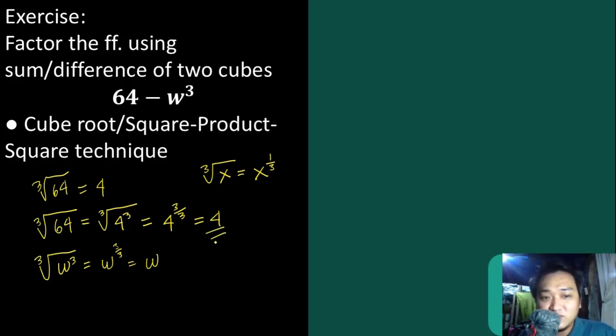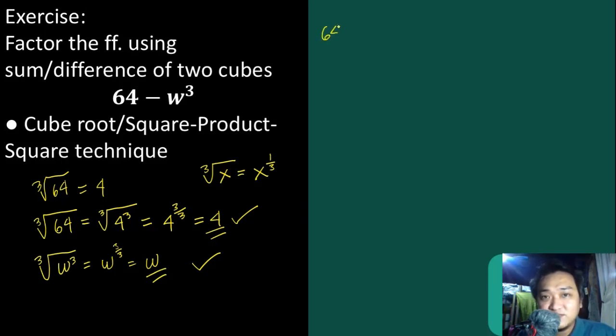Since nakuha na natin yung mga cube roots, 4 and W, ito yung pinaka A term natin, ito naman yung pinaka B term natin. So, ready na tayo ipakita yung magiging factors ni 64 minus W cubed.